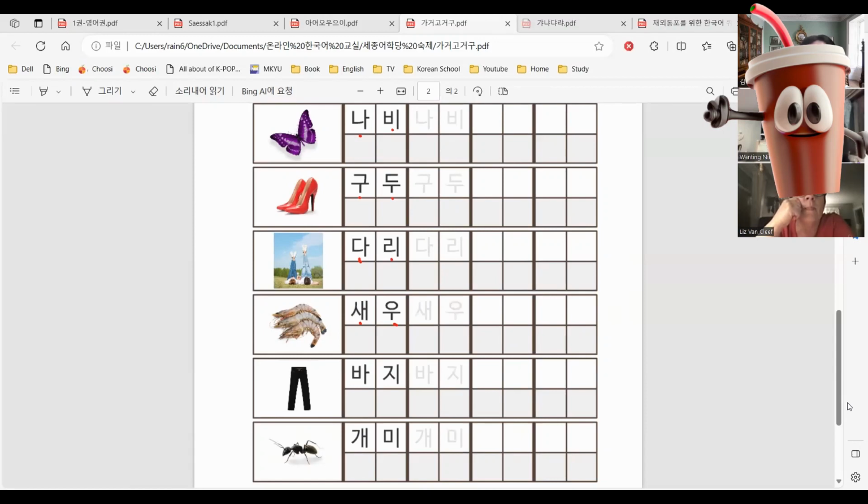And this one? 바지. 바지 is pants. Right? 개미. 개미 is ant. Okay, good.